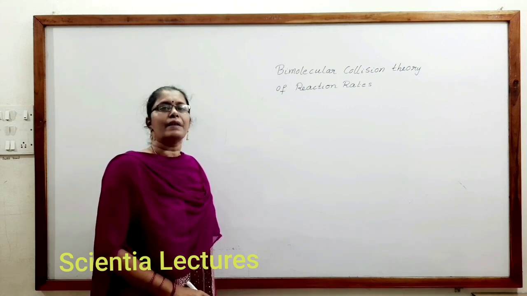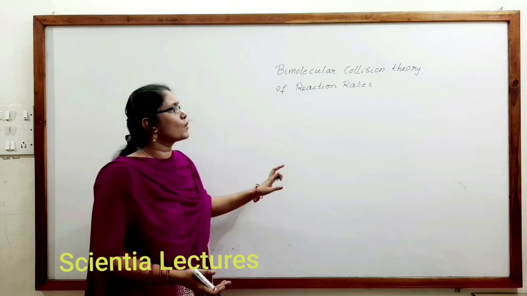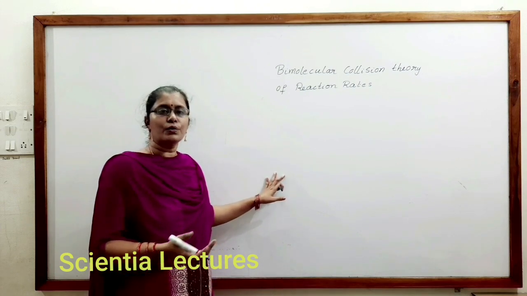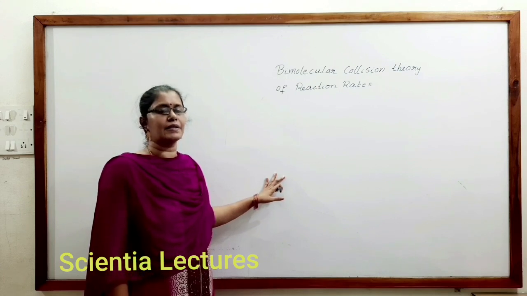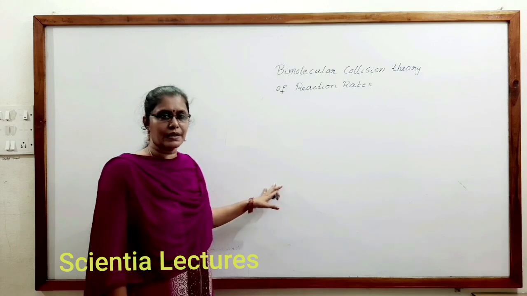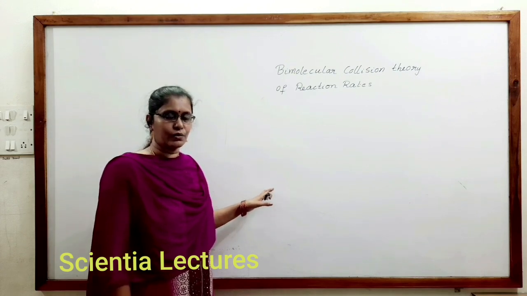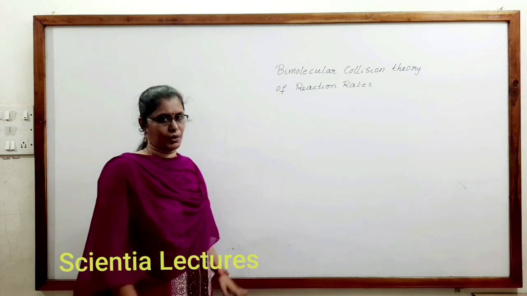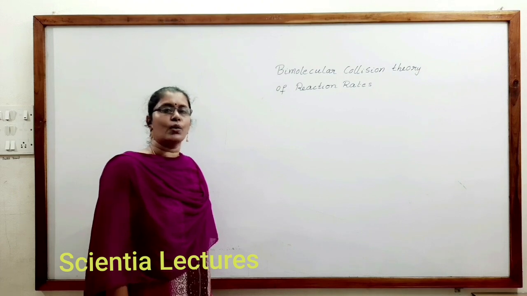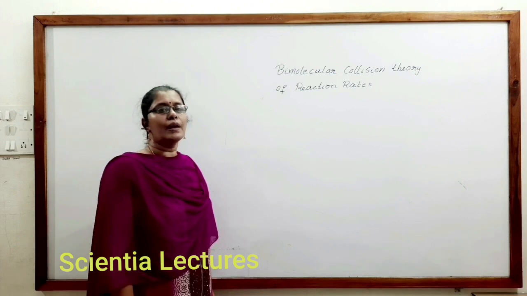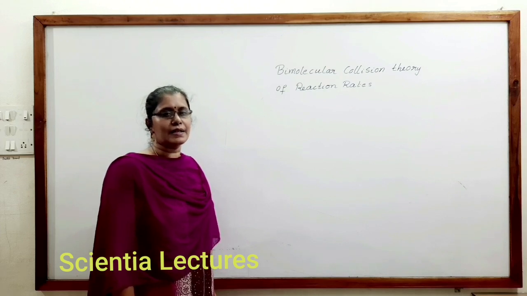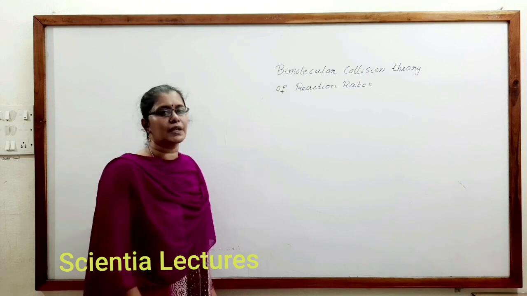They explained according to this collision theory how a chemical reaction occurs and what its rate will be. According to that, reactant molecules will collide with each other and only 1 out of every billion collisions will be effective, as it reaches a certain energy status called threshold energy, and that would be converted into products.